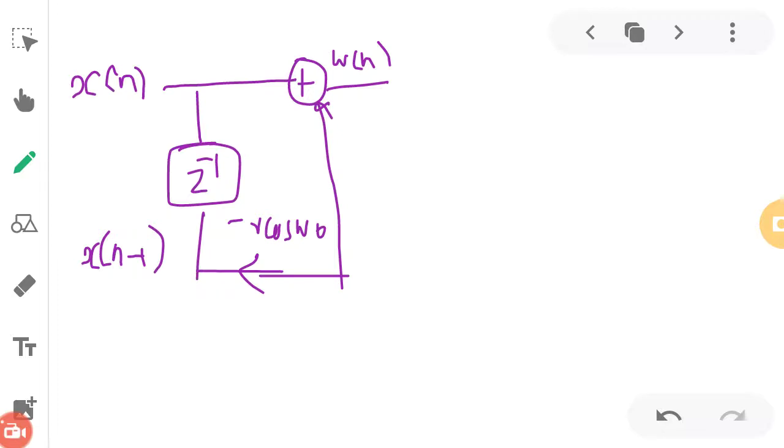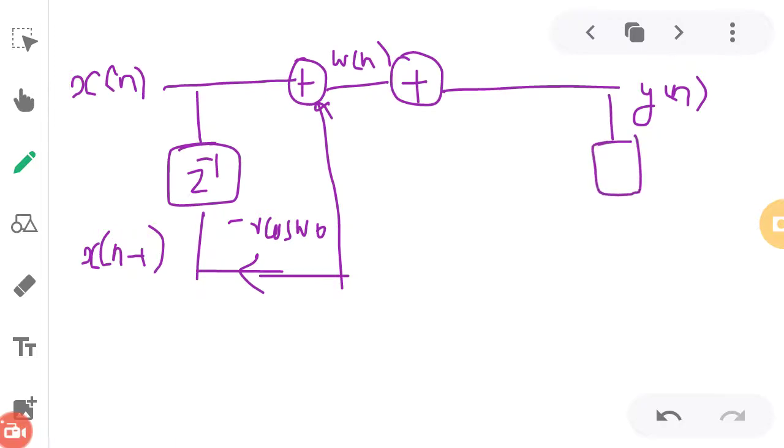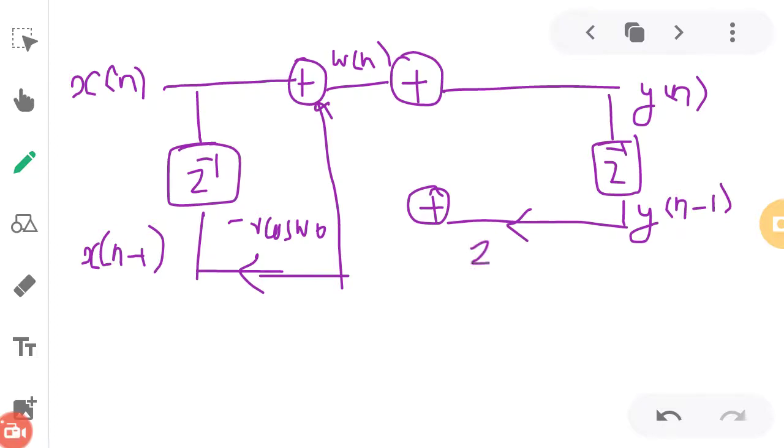Okay, now again we will add: y of n is equal to w of n plus y of n minus 1 into its coefficient. For that we take the Z inverse, y of n minus 1, and the coefficient is 2r cos omega 0.